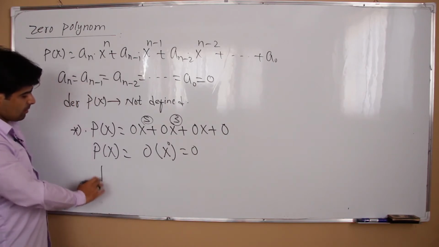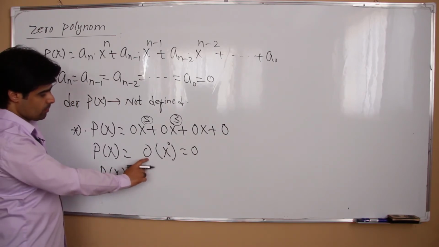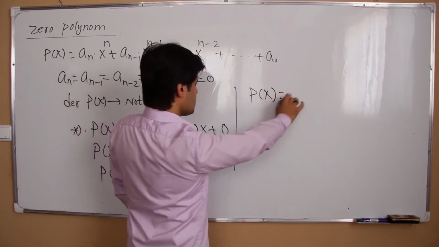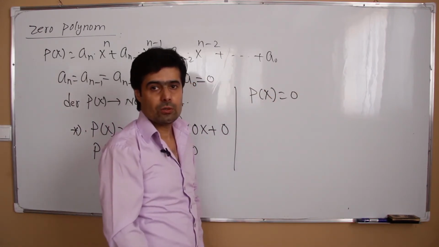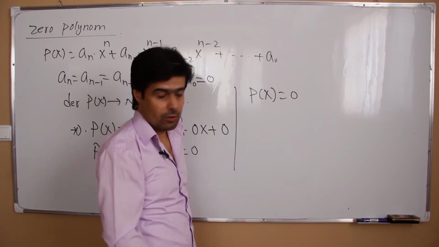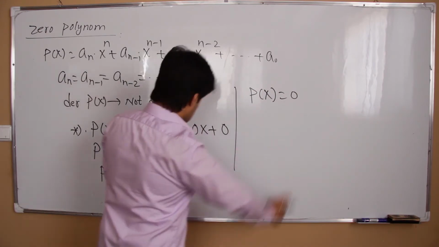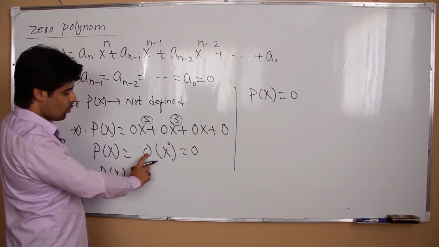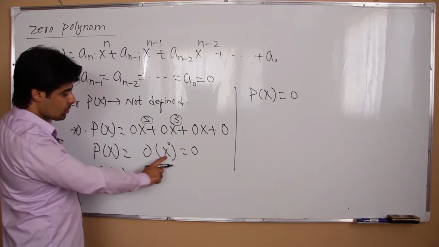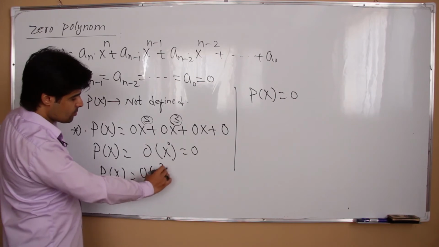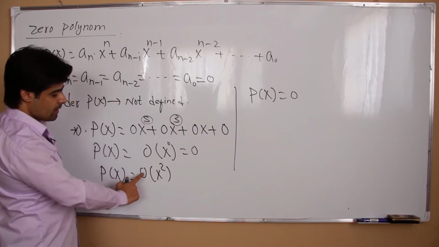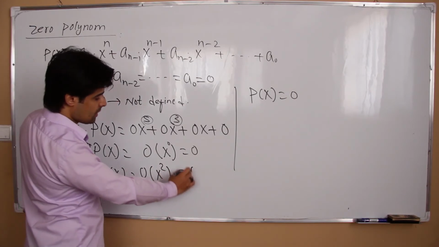Or we can say p(x) = 0. I think you didn't get what I mean. Is this one a 0 polynomial or a constant polynomial? It's a 0 polynomial. Now, with this 0, can I write x to the power 0? Yes. X to the power 0 is 1, 1 times 0 is 0. Can I write x to the power 2? Yes. X squared with the 0 is once again 0.